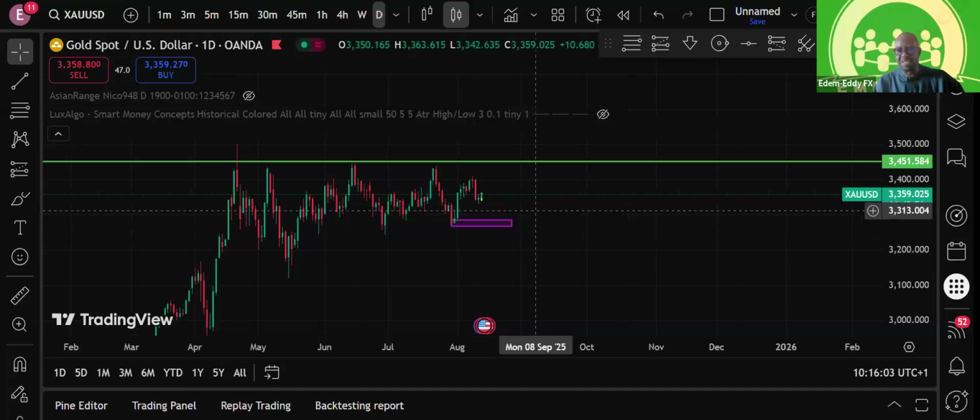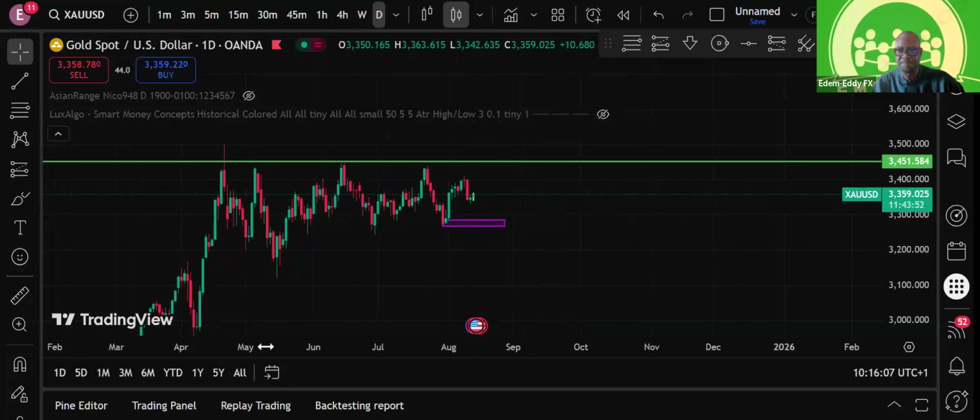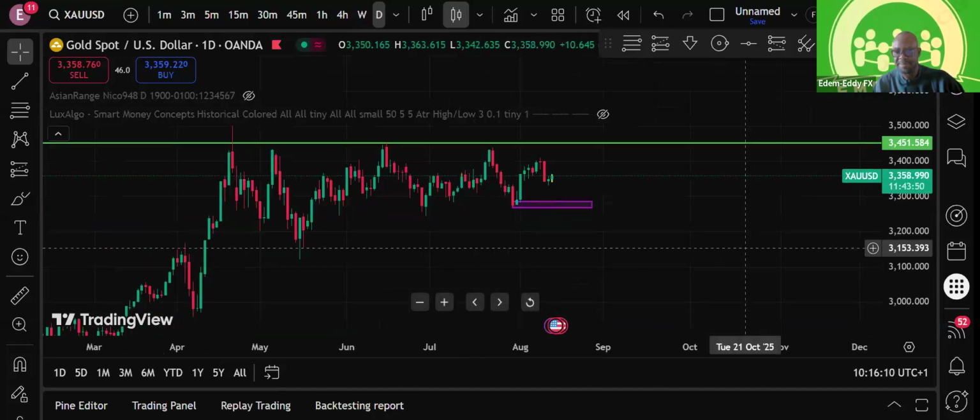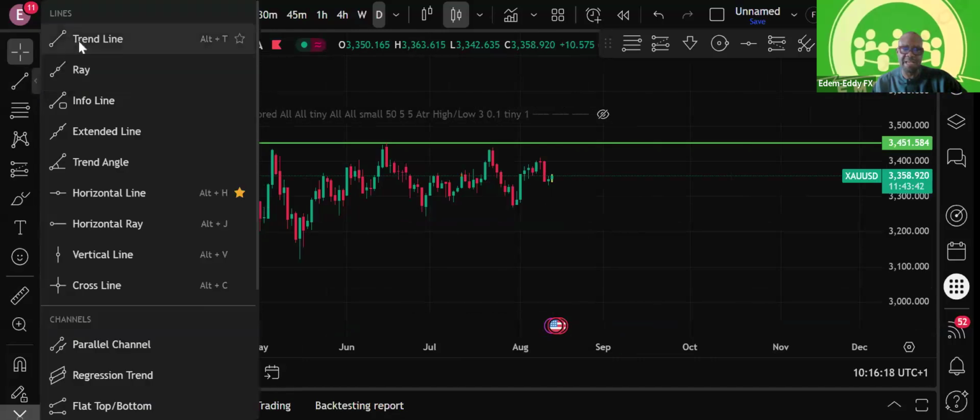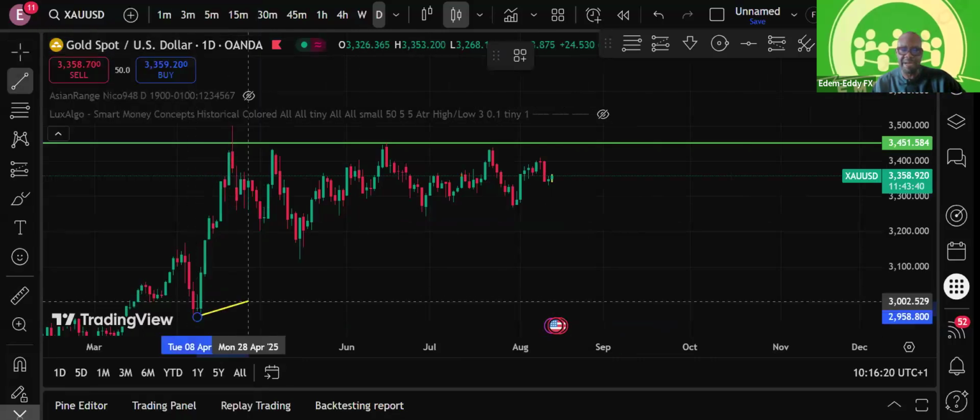From this one-day time frame, we can see the direction of the market. So first, you try to use your trend line to identify the trend of the market.